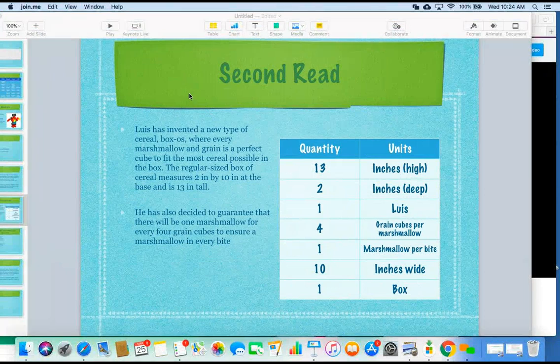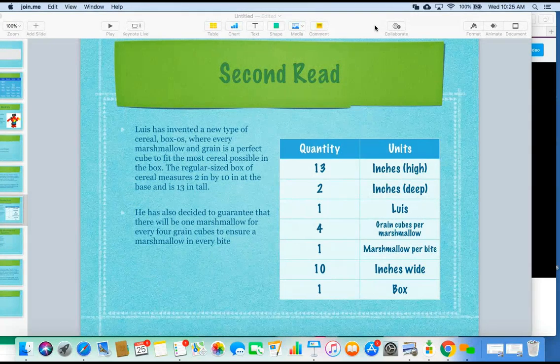So thinking about these quantities and units, let's remind us of the story. Louise has invented a new type of cereal, Boxos, where every marshmallow and grain is a perfect cube to fit the most cereal possible in the box. The regular sized box of cereal measures 2 inches by 10 inches at the base and is 13 inches tall. He has also decided to guarantee that there will be 1 marshmallow for every 4 grain cubes to ensure a marshmallow in every bite.